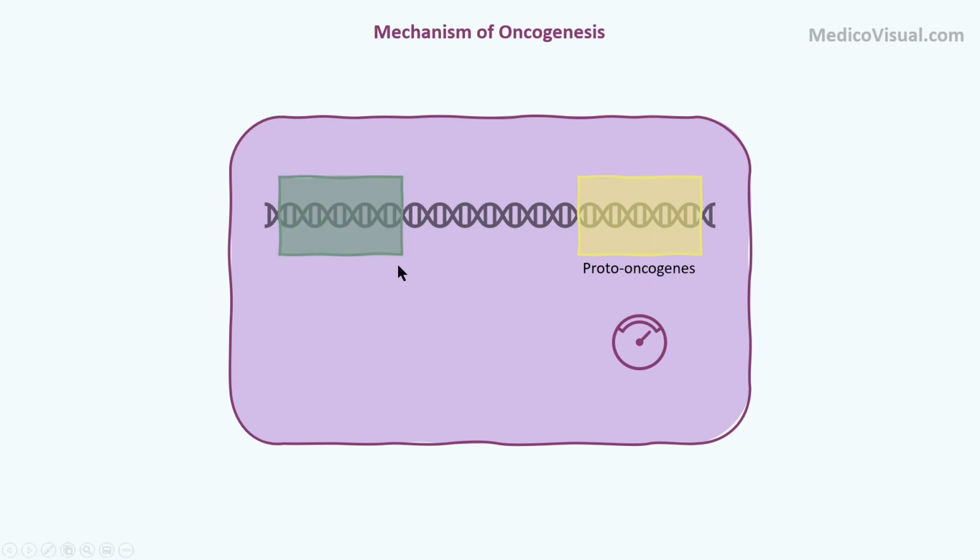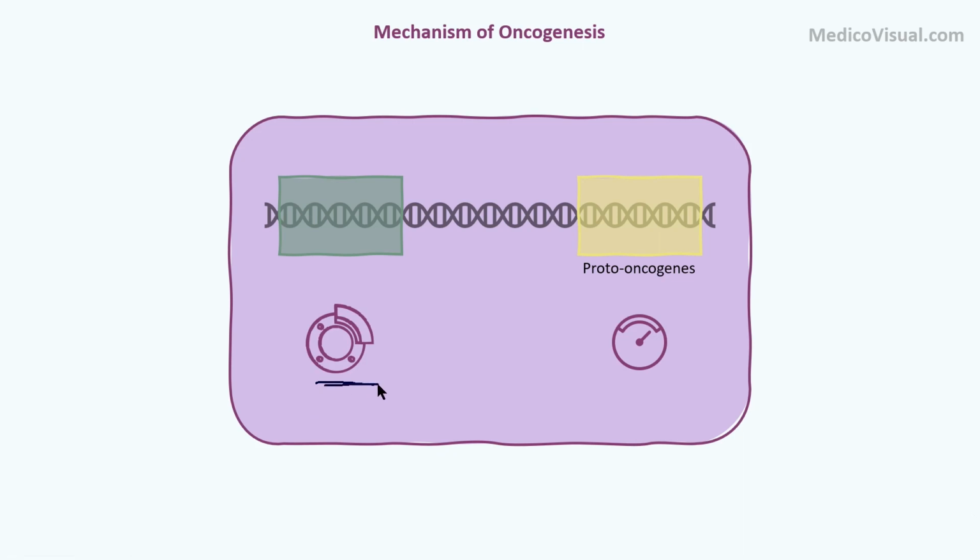Then there is another type of genes. What do they do? Their products scan the DNA for any defects, and if there is some defect in the DNA, they act as a molecular brake.